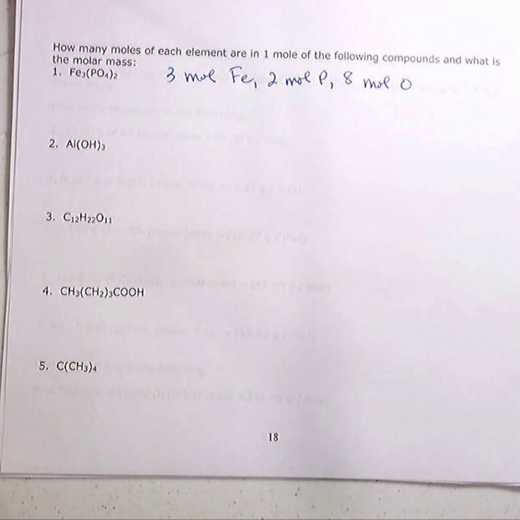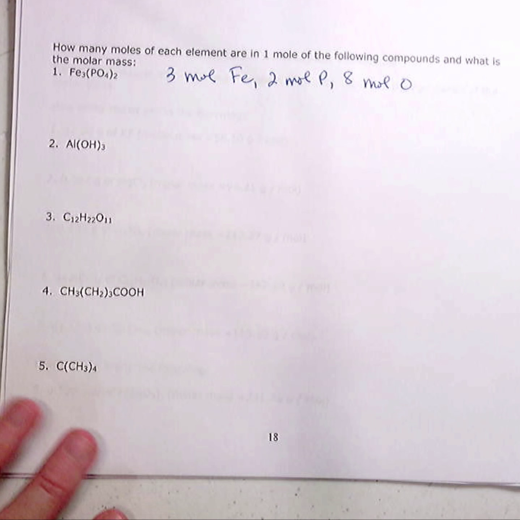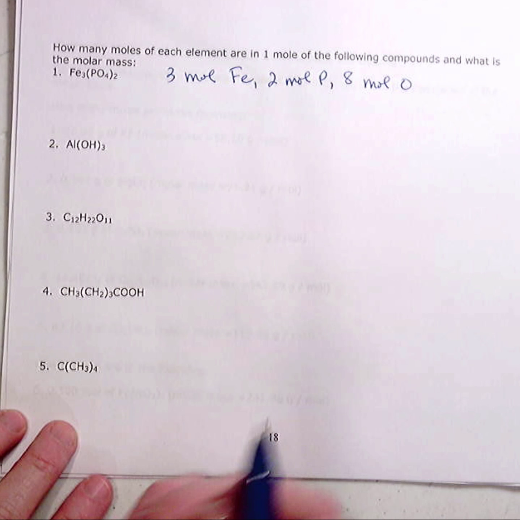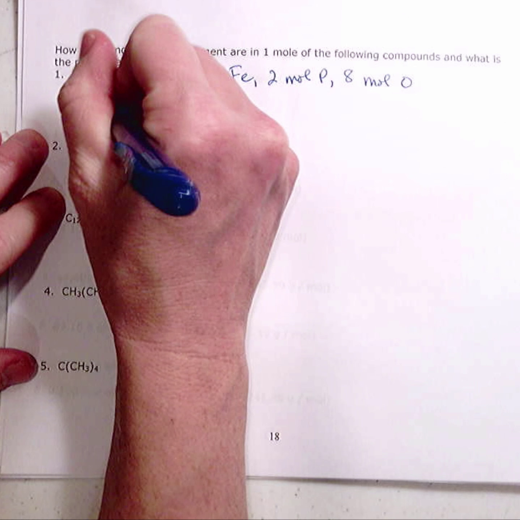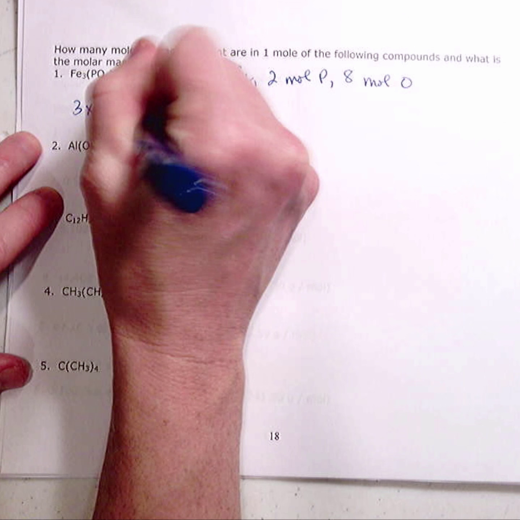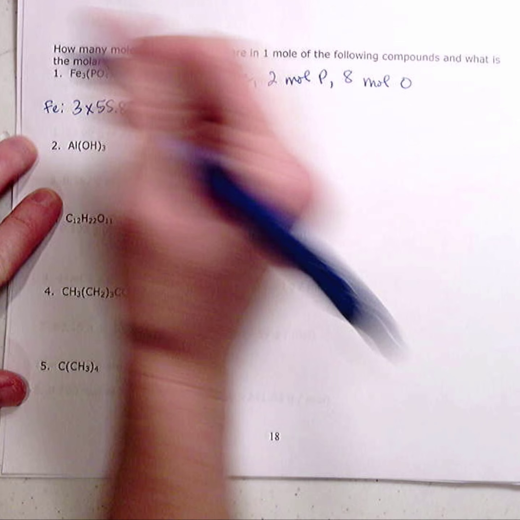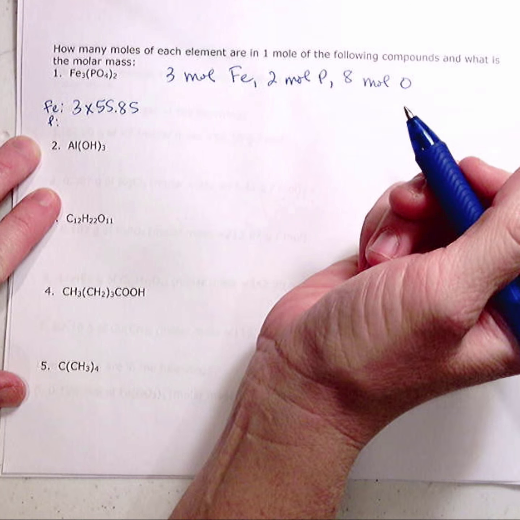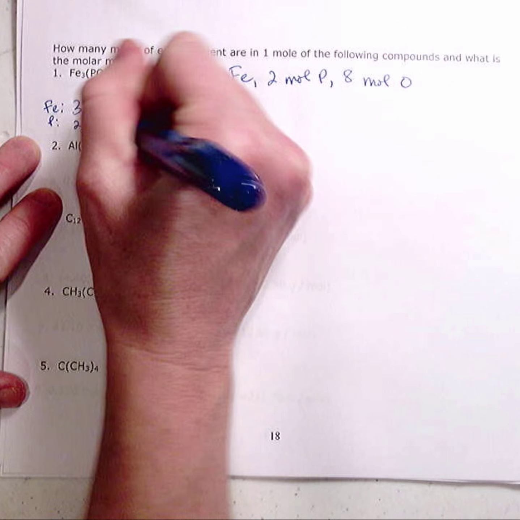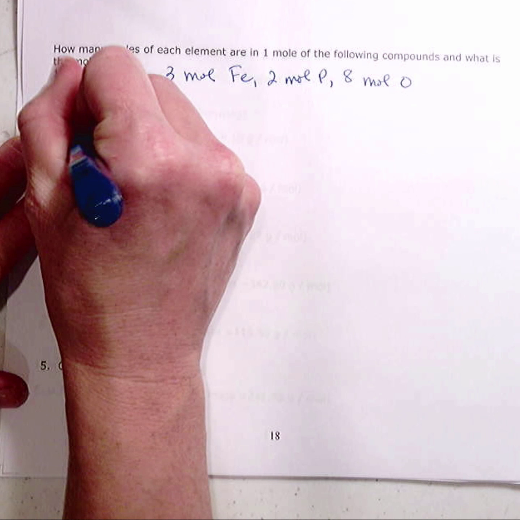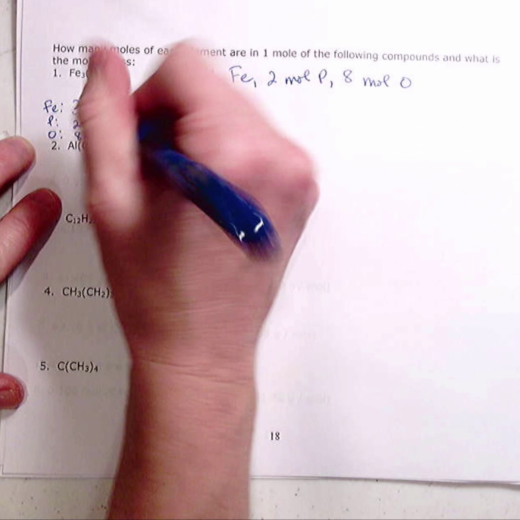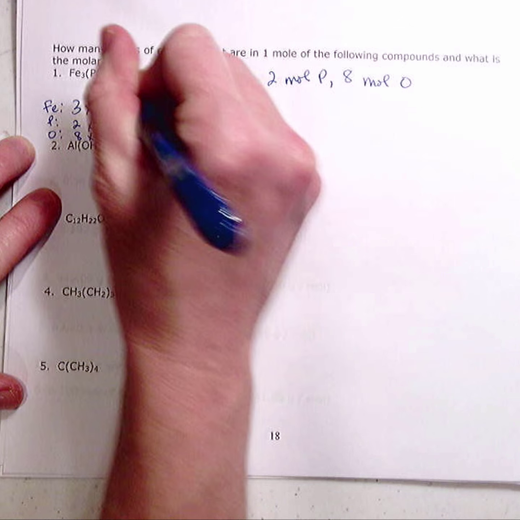And then to calculate the molar mass, you're going to need to look up in your periodic table, first page or the inside cover of your textbook. So you have 3 times 55.85, that's iron, and then phosphorus, 2 times 32.06, and then oxygen, 8 times 16.000.